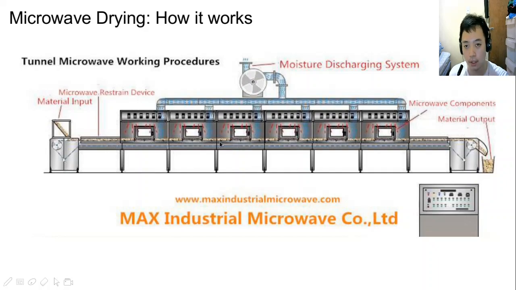Now, as I said earlier, the advantage of microwave is that it evenly heats the products from inside or outside, and it gives the microwave dryer flexibility. Let's say you have big products, small products, it will work just fine.